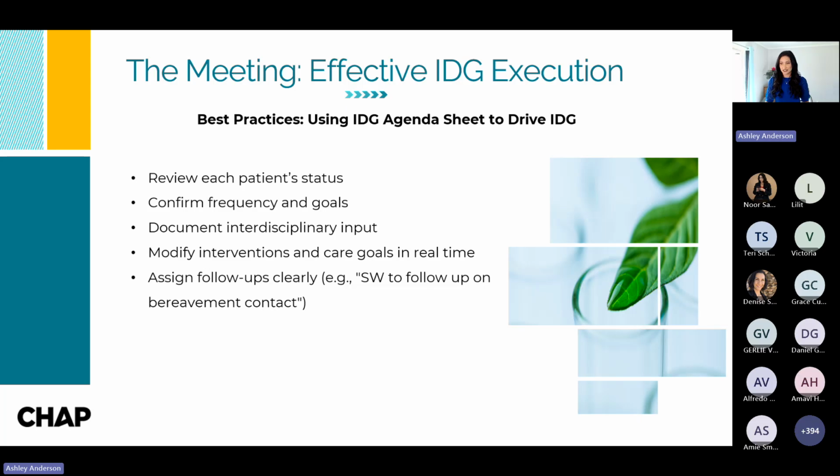You might have to discontinue something while you're in the meeting, but the less you have to reconcile at IDG, the quicker and more efficient you can move on to the next review of a patient. If someone needs to follow up on any missing or confusing or conflicting information, this should be clearly outlined in your meeting minutes with actionable follow-up to anything that is not certain or confirmed and properly documented.